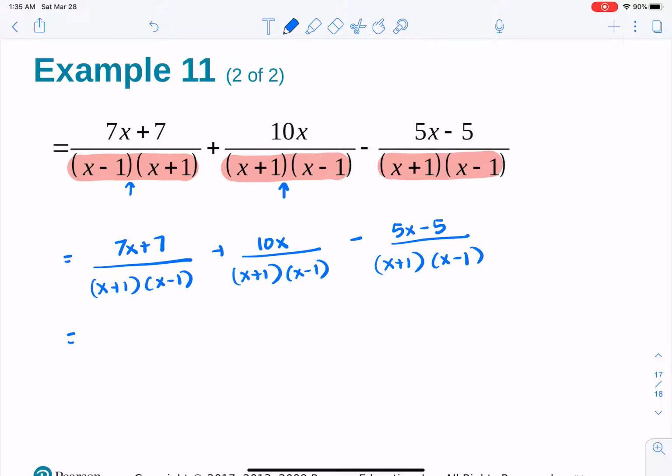We have a 7 in common in the first numerator, so there might be a possibility to simplify. So I pull that 7 out, leaving me with x plus 1 in the numerator.